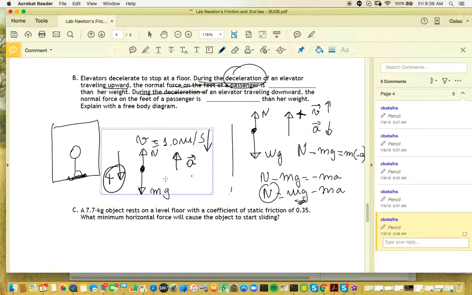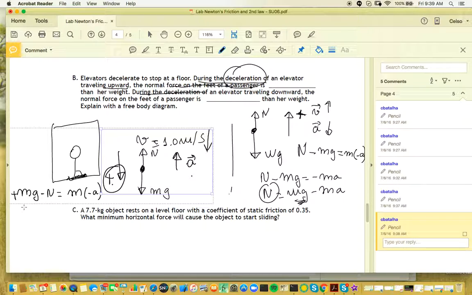So when you do your free body diagram, which is done right here, and you apply Newton's second law, mg minus n is equal to m times negative a. Why is that? Well, if I'm calling the direction downward positive, mg now has a positive sign, normal has a negative sign, the acceleration is up, opposite to the positive sign, which means you have to plug a negative sign in there.